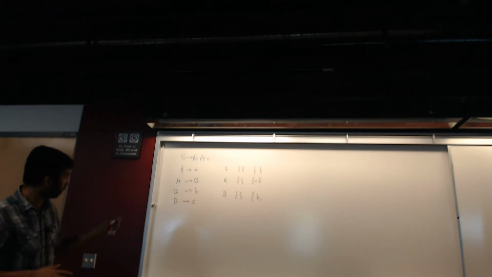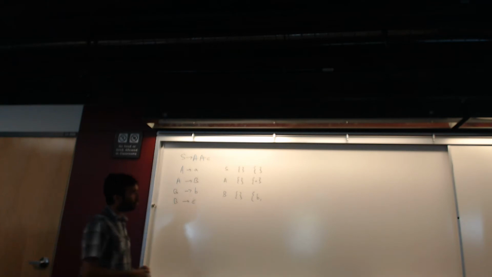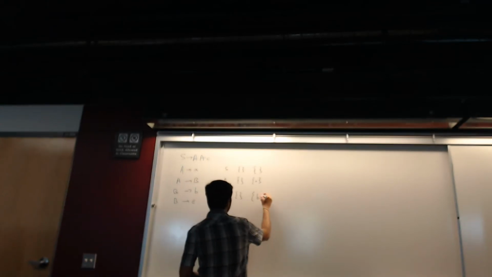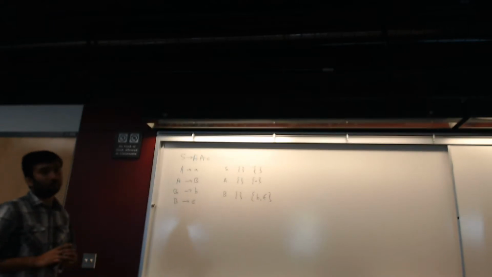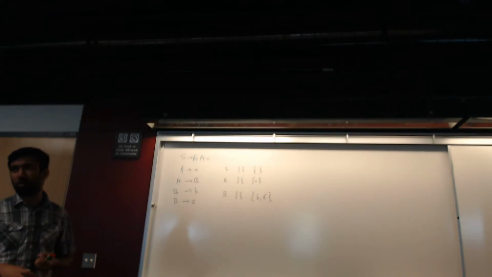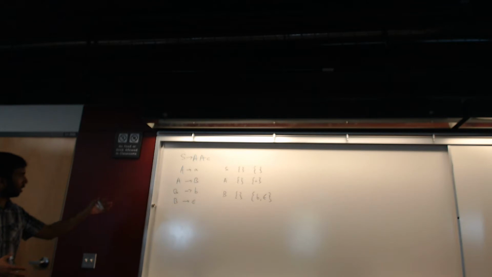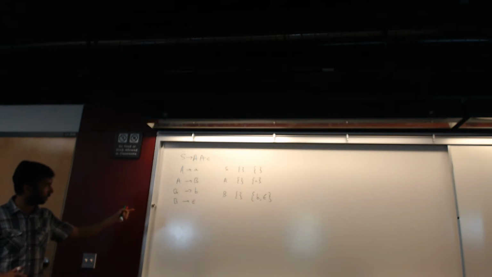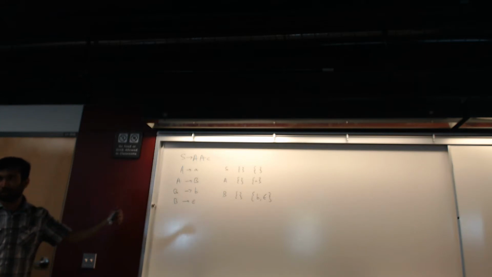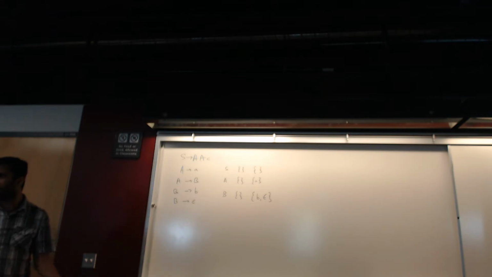Yes, because B goes to epsilon. We have that rule, so we apply rule number 2 to that. We won't even look at the other rules, because even if we do, they are not going to change B in any way. Because of the production rules it has, neither can add b or epsilon. We have already added them, so there is no point in looking into the other rules.